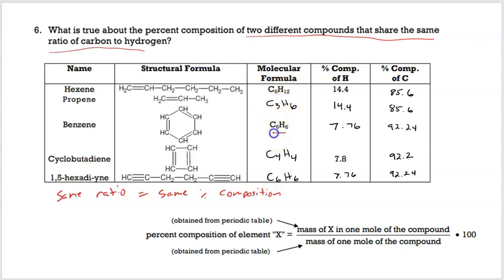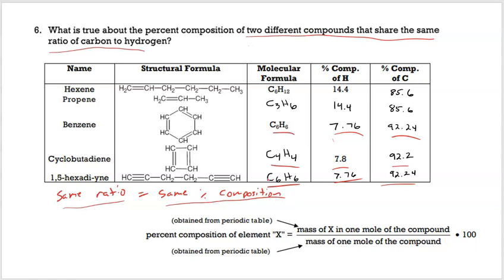All right, so all three of the examples here with a 1-to-1 ratio of carbon to hydrogen all had essentially the same percent composition. So 7.76, when I did that math earlier, I just used an extra sig fig. That went round to 7.8 and then 92.2 and so on. All right, so same ratio means same percent composition.